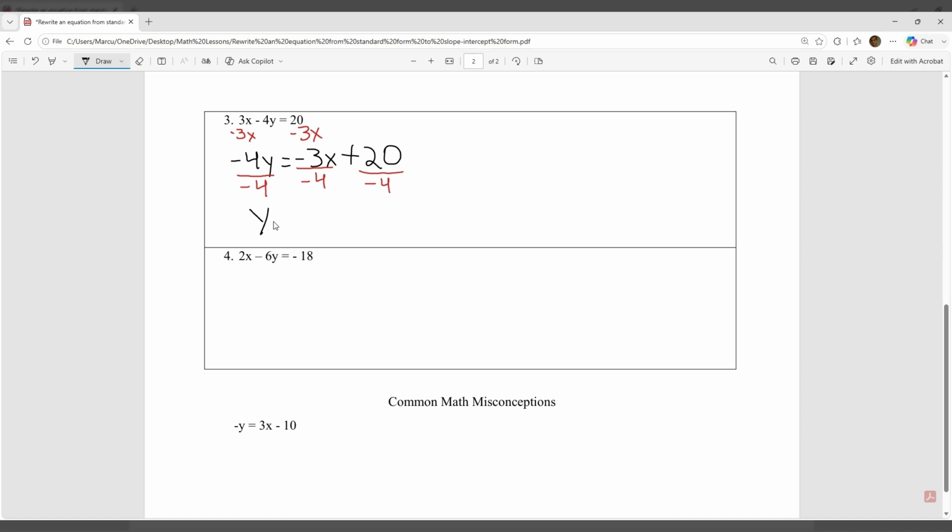So we get y equals negative negative becomes positive, so we have 3x over 4, and then a 20 divided by a negative 4 makes a negative 5. There you go. Please go ahead, pause the video, and try question number 4.